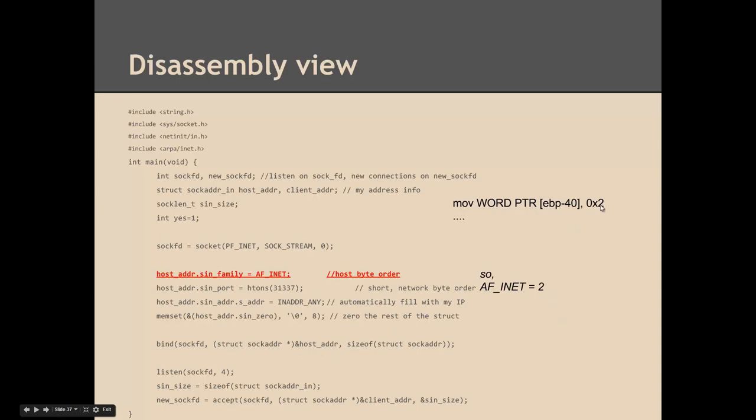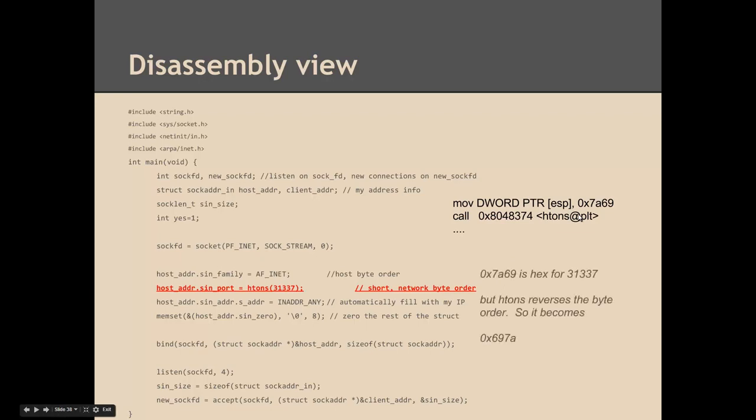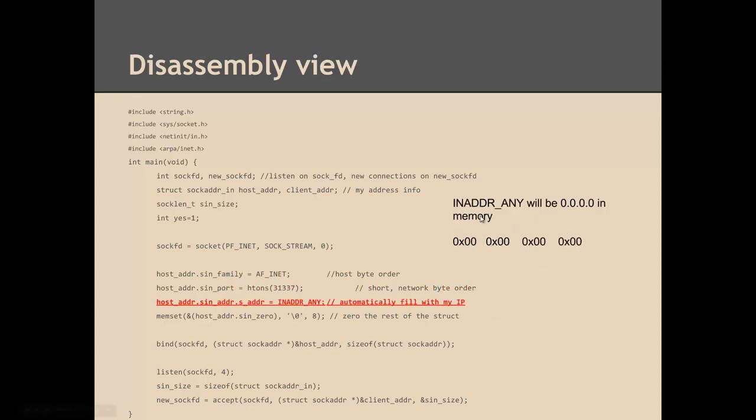So AF_INET is 2, so it's moving 2 into its appropriate place in the struct, and host to network short will translate the given short to the network byte order, so little endian versus big endian, whichever the network has agreed to use. The return value for that will be put in EAX, so that should be then moved.